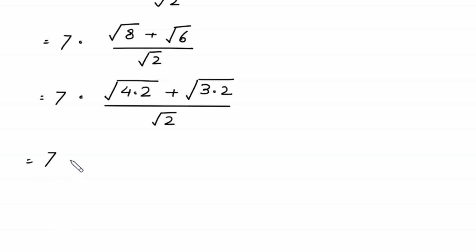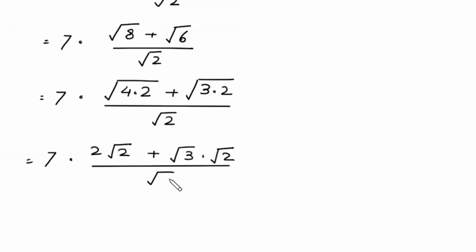Next, 7 times, this square root of 4 times 2 becomes square root of 4 is 2 times square root of 2, plus this square root of 3 times 2 becomes square root of 3 times square root of 2, divided by this square root of 2.